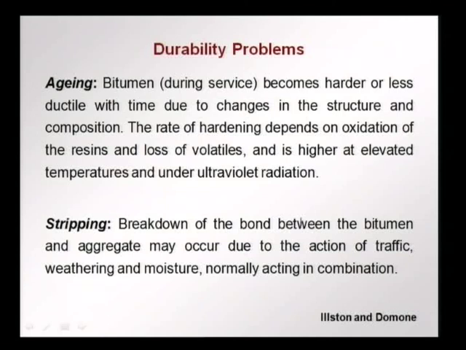There is some oxidation of the resins, the volatile substances are evaporated, and the faster this occurs, the rate of hardening is higher, and the aging process becomes worse when we have higher temperatures and when we have very heavy sunshine, say in a desert condition, and you do not have any tree shades and so on, because there is more ultraviolet radiation and this affects the aging.